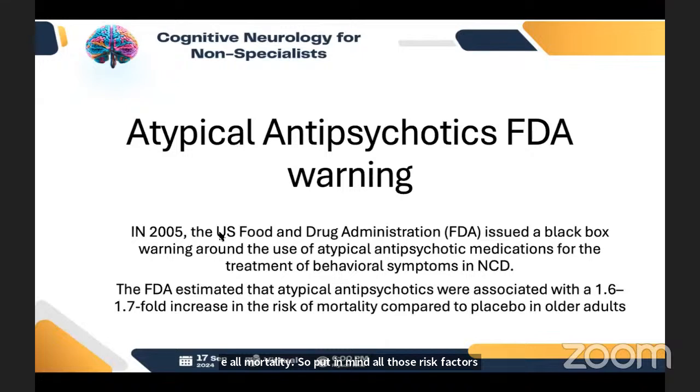Regarding antipsychotics, all of them, from the first generation to the third generation: the first generation, or the typical, are not commonly used except for haloperidol. The second and third generation are commonly used. All of them have the black box warning of causing sudden cardiac arrest.